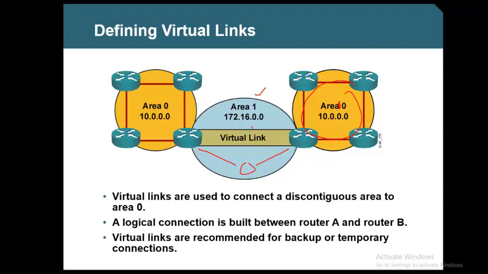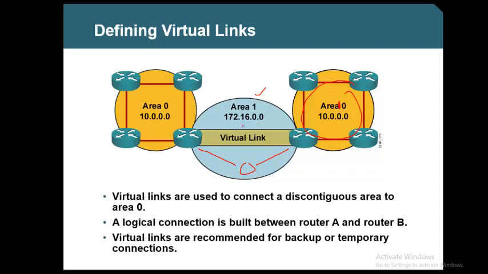Routes of area 10 will not be given to area 1 or area 0 because without area 0 in the middle, area 10 cannot distribute the route to area 1. Area 0 is mandatory between area 10 and area 1.